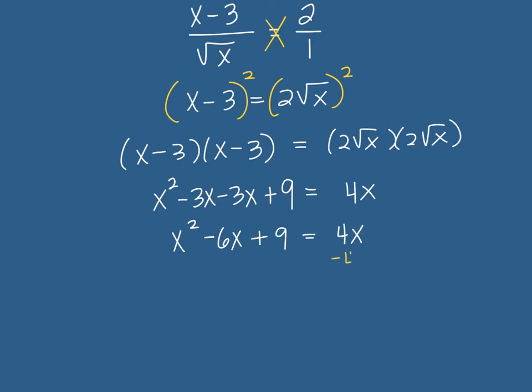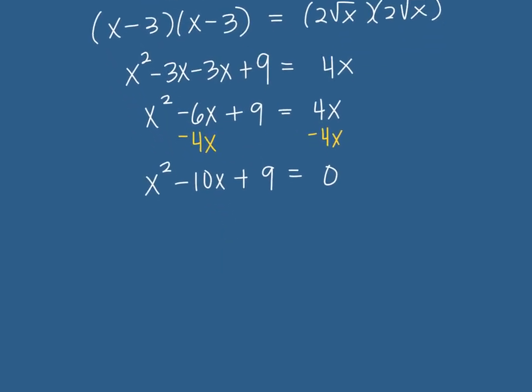And then I'm going to minus 4x to both sides. That will give me x squared minus 10x plus 9. Which is another opportunity for me to either star or do the quadratic formula, whichever is your preference for solving that. I always try star first to see if I can get it to work. And it did.